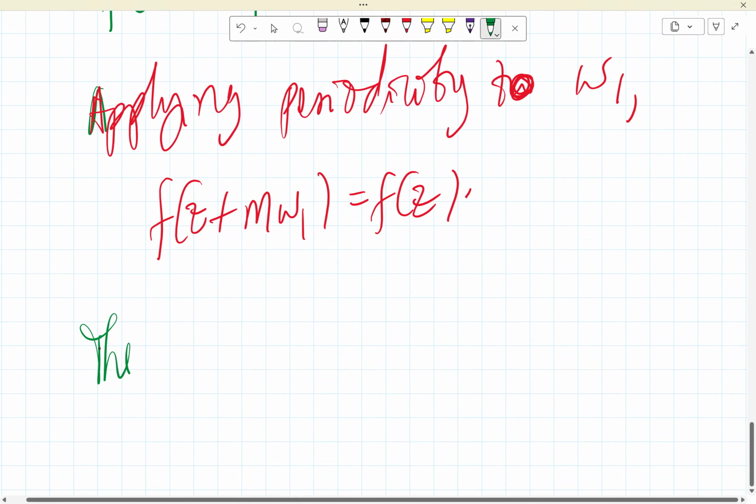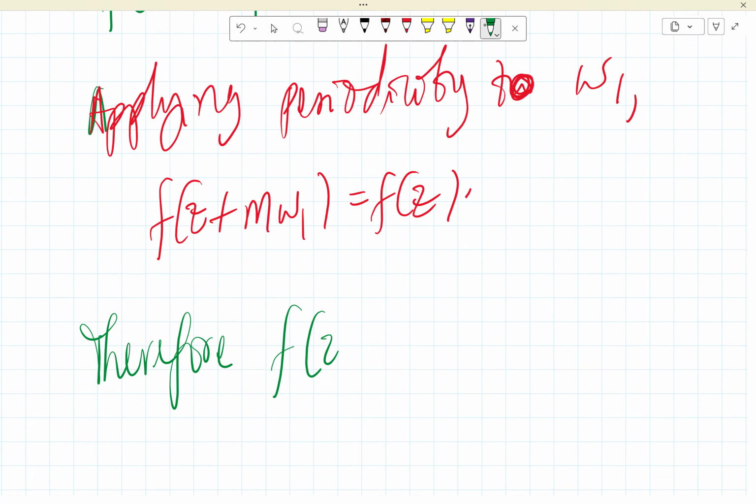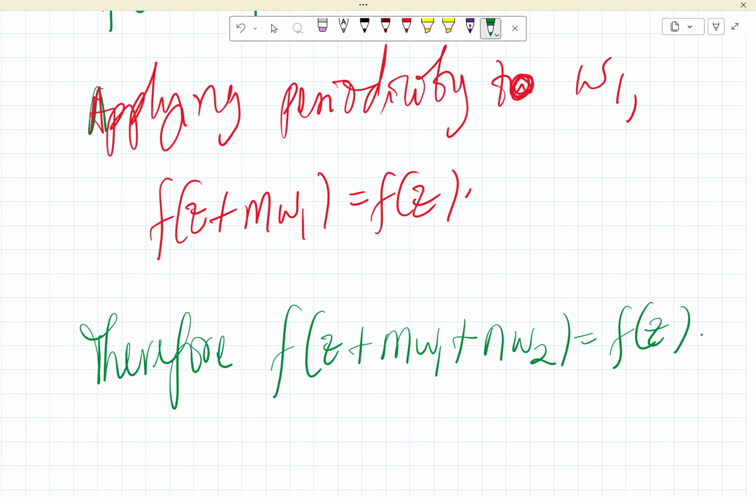Therefore, we see that f of z plus m omega 1 plus n omega 2 is equal to f of z.